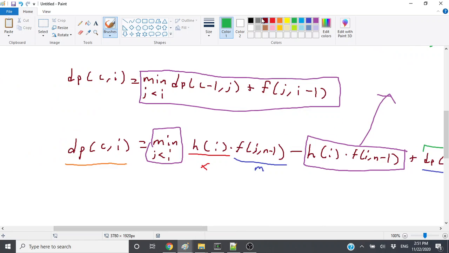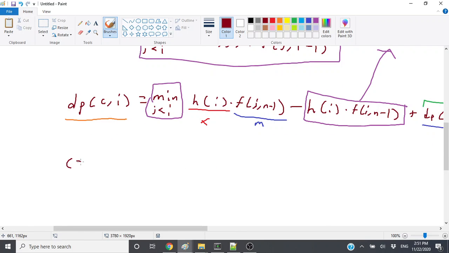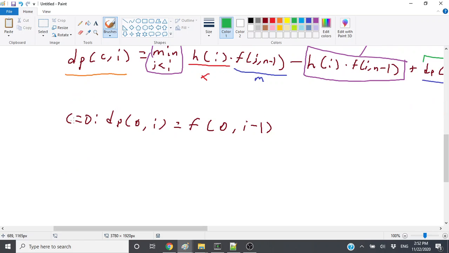For c equals 0, dp of 0, i is simply f of 0 to i minus 1, because there's nothing we can do here. We can't put down a checkpoint, so it's just the whole thing.